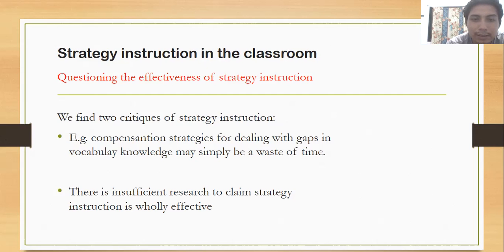And the second critique was carried out by Jenny Ress-Miller. She said that there is insufficient research to claim strategy instruction is wholly effective. What did she try to explain about this?